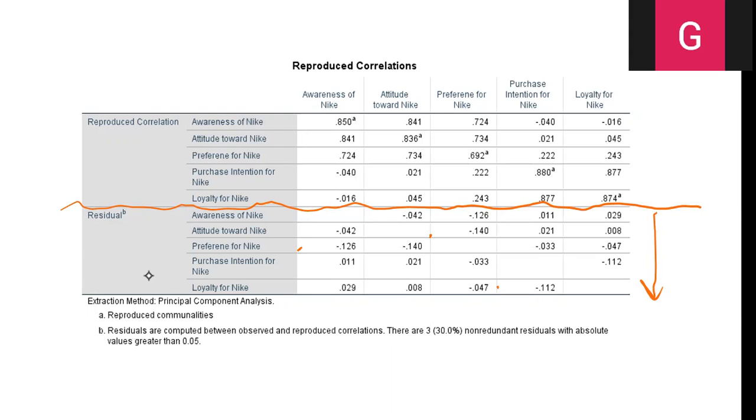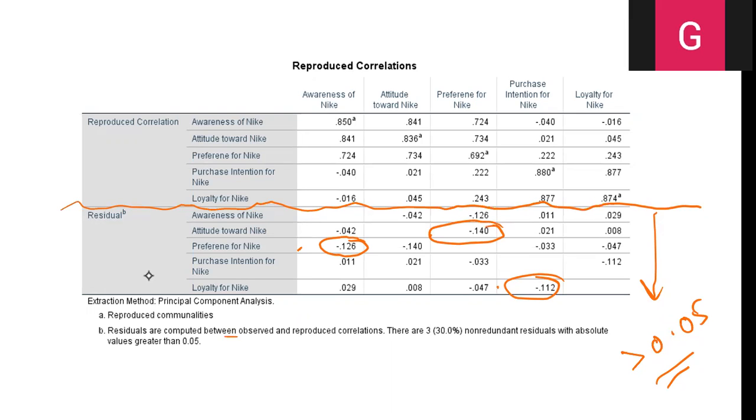How many are greater than 0.05? 4 values. Okay, no, I'll just quickly do this, and this. Unique values.